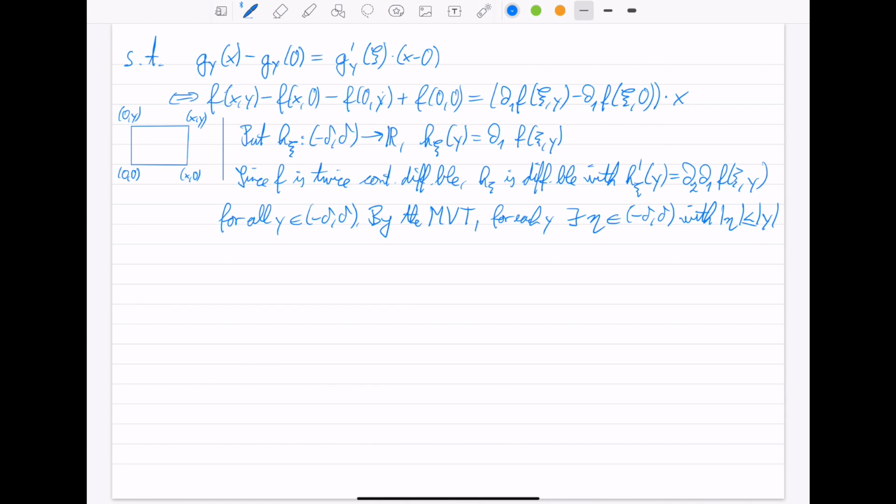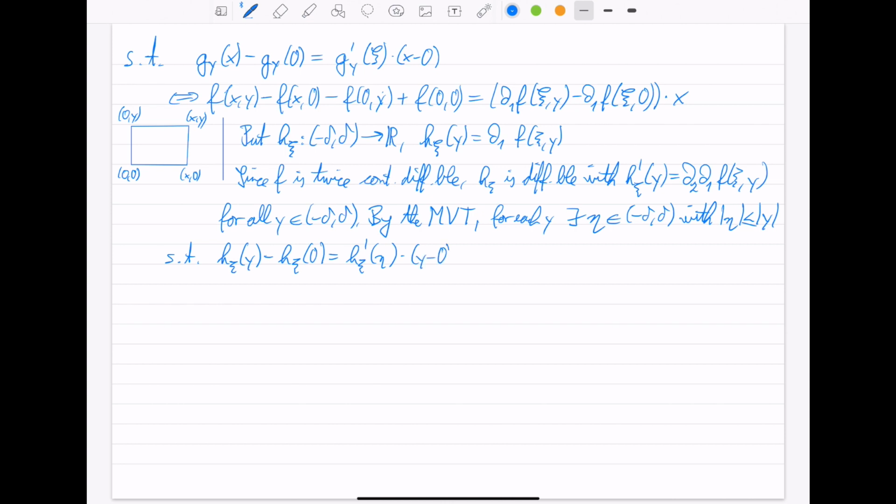So such that h xi of y minus h xi of 0 is h xi prime of eta times y minus 0.